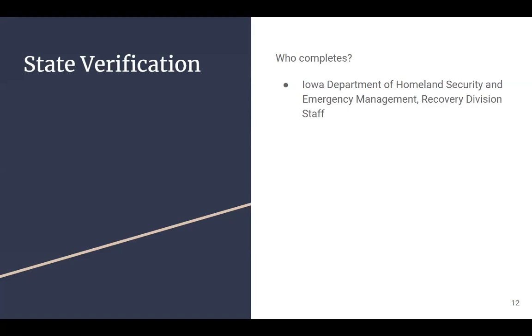We will focus, and when I say we, I mean Iowa Department of Homeland Security and Emergency Management, we will focus on verifying areas with concentrated or large damage impacts first to achieve the per capita indicators and to establish the impact to individuals. We will also develop impact statements in conjunction with the County Emergency Management Coordinators during the state verification phase.